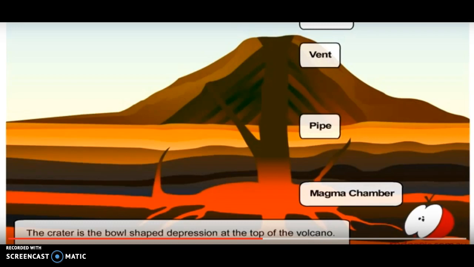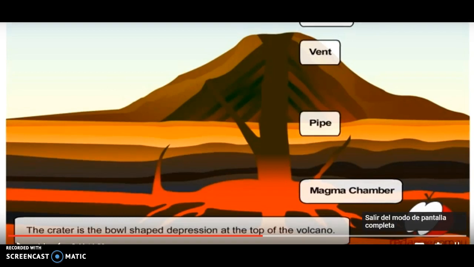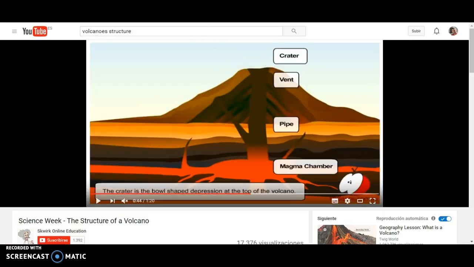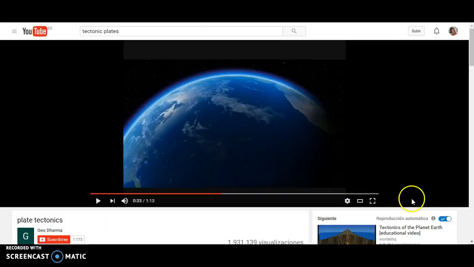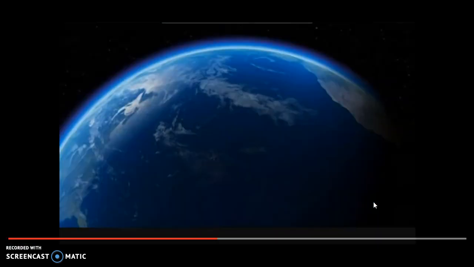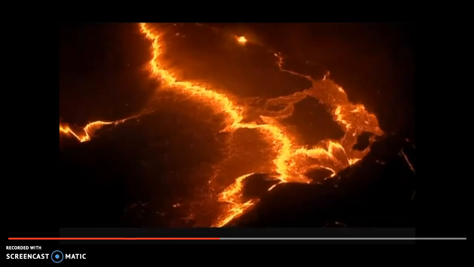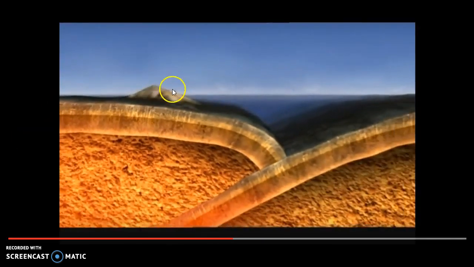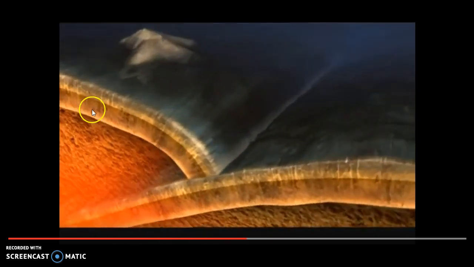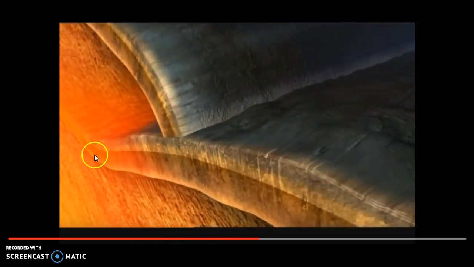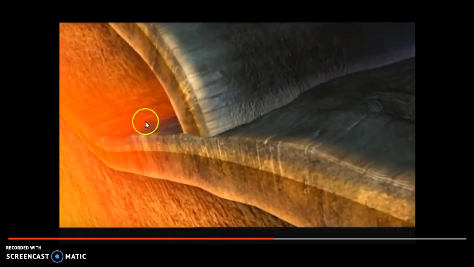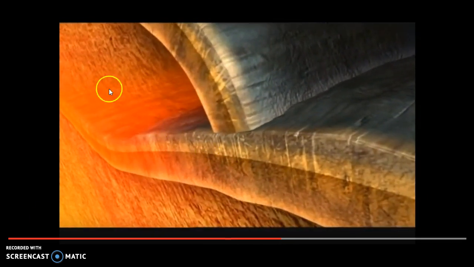I want you to see the same video we have seen previously. This is the video where it explains properly how a volcano is made. So you see the Earth, this is a volcano, and you see the two plates again. One plate is going down under the other. What makes that?